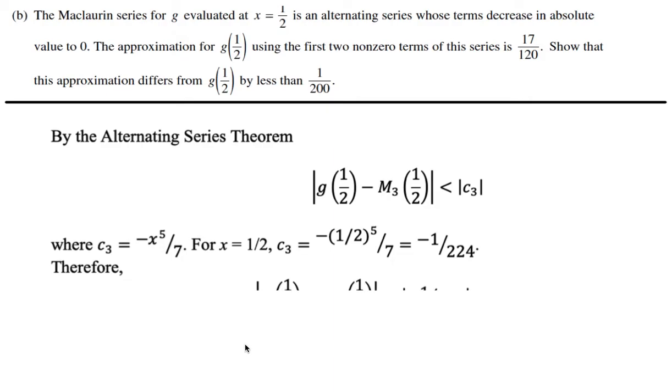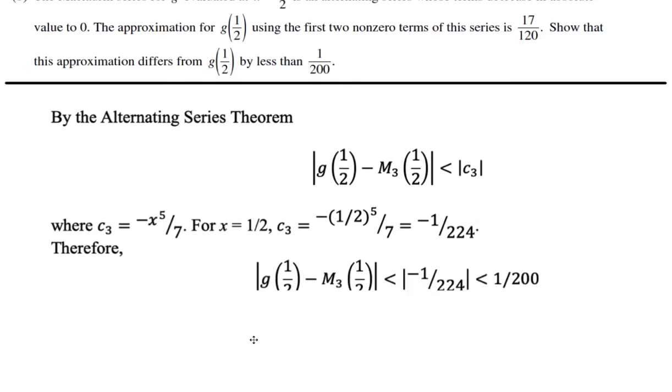Therefore, by the alternating series theorem, we can say that g of 1/2 minus the degree 3 Maclaurin polynomial evaluated at 1/2 is less than the absolute value of negative 1 over 224, which is 1 over 224, which is indeed less than 1 over 200. Therefore, we have shown that this approximation for g of 1/2 is less than 1 over 200 away from the actual value.